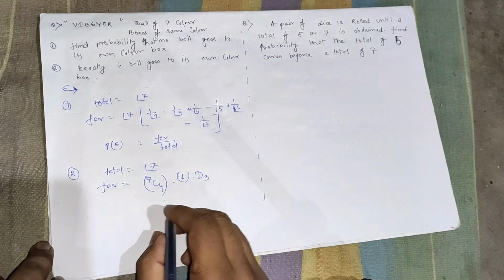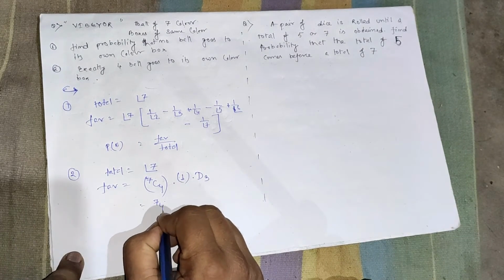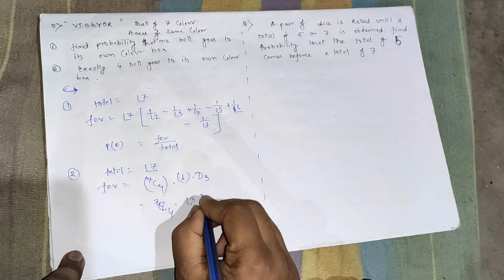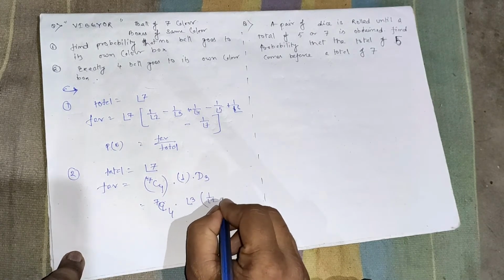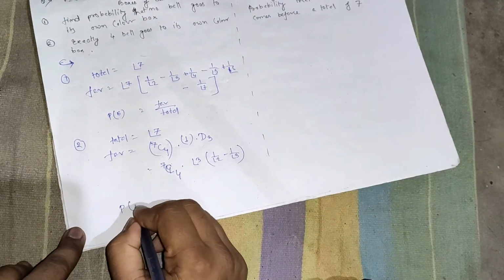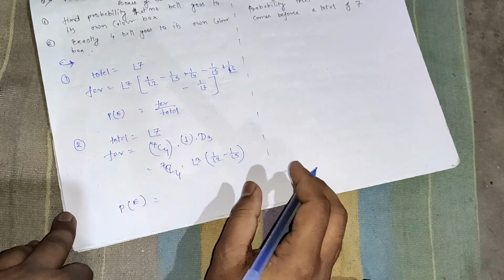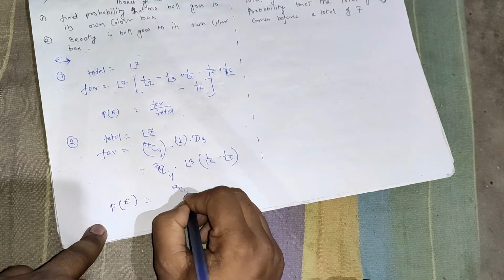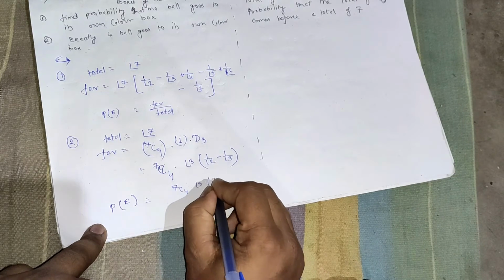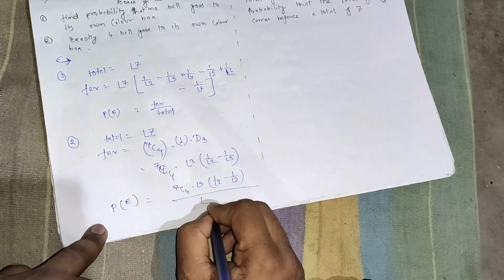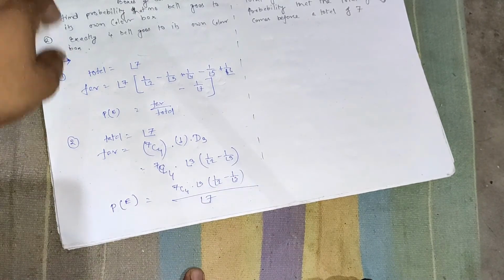So that is 7c4 multiplied by factorial 3 into 1 by factorial 2 minus 1 by factorial 3. So the probability of the event that exactly 4 balls go to their own color box is 7c4 factorial 3 multiplied by 1 by factorial 2 minus 1 by factorial 3 divided by factorial 7. So the answer, check it yourself.